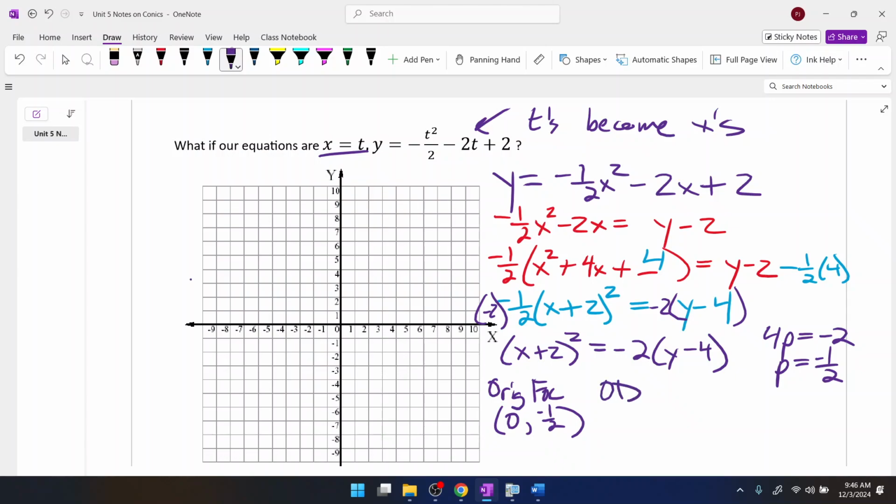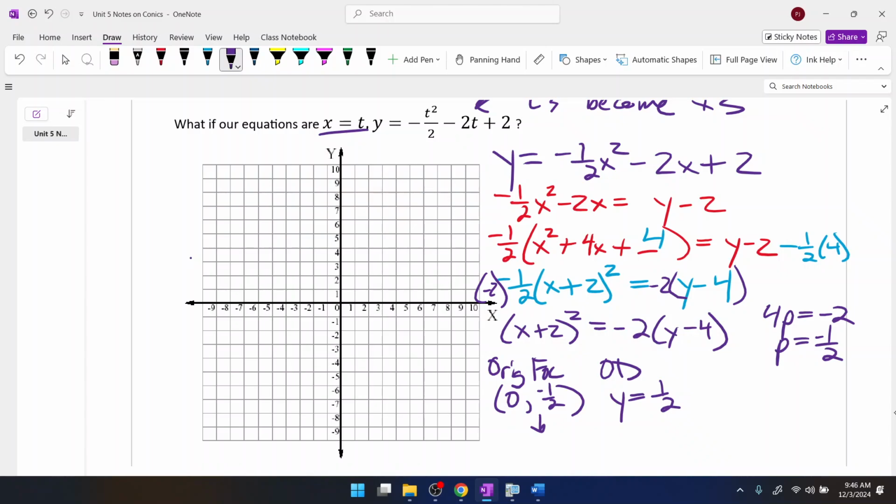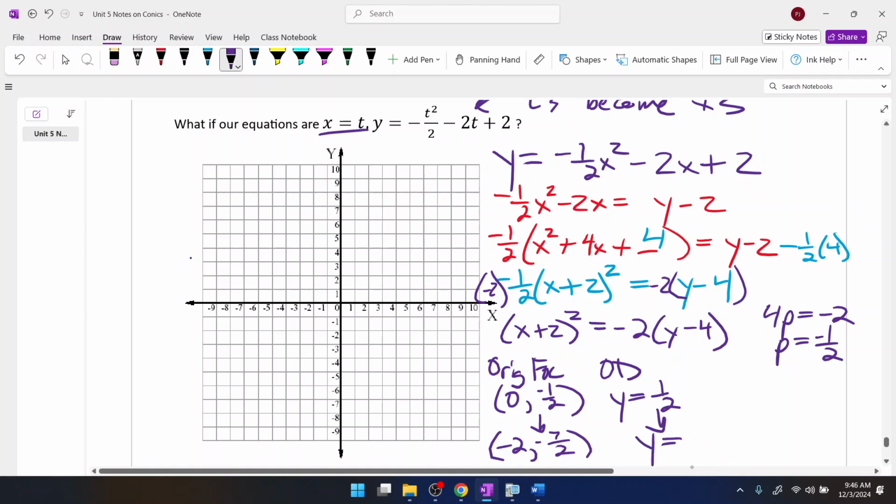And the original directrix will be y equals +1/2. But we transform that, we move it 2 units to the left and 4 units up. So the new focus is going to be located at -2, -7/2, and the directrix gets moved up by 4 units to y equals 1/2 plus 8/2, which is 9/2.